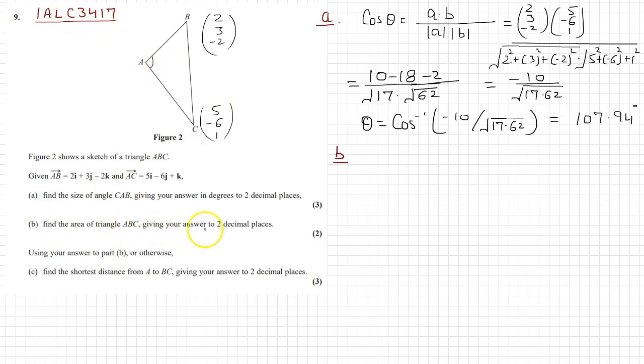Part B is find the area of a triangle. Now area of a triangle, we know the sine formula.